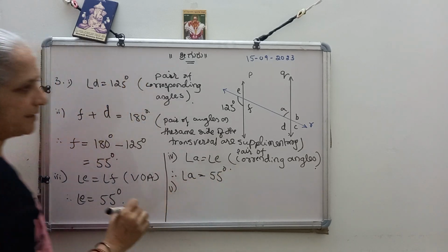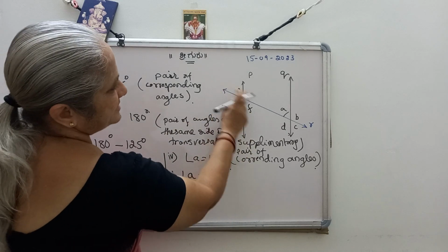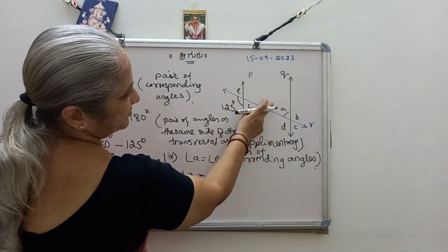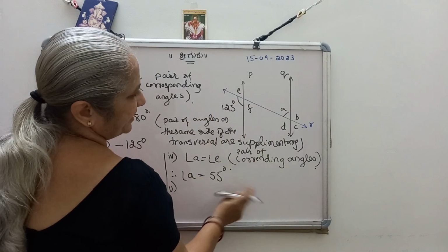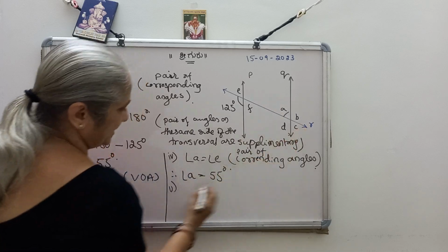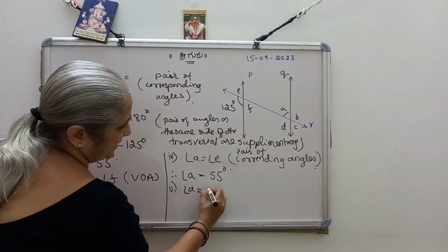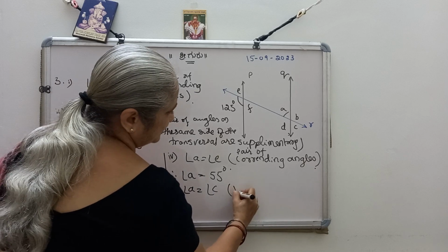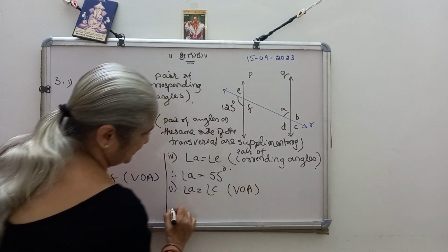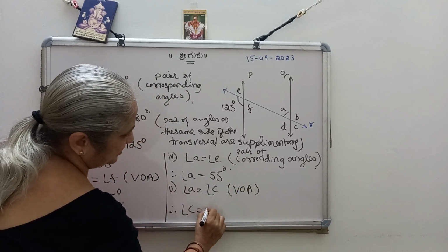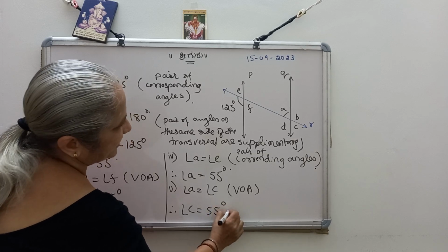Then the fifth one. Angle E is equal to angle A. Therefore, angle A is equal to 55 degrees. Now, angle A is equal to angle C, vertically opposite angles. Therefore, angle C is equal to 55 degrees.